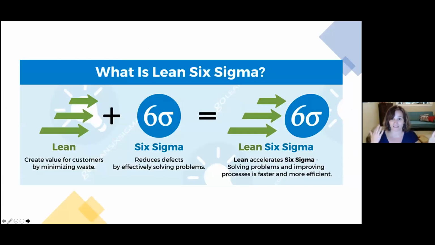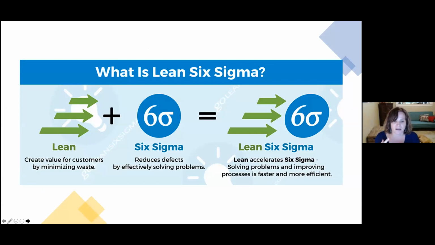So Lean and Six Sigma. It's a lot of overlap. It's kind of confusing because sometimes it sounds like they're talking about the same thing, just using different words. So, an easy way to think about it is Lean is about creating value by minimizing waste. How can we get rid of any unnecessary or wasteful steps in our process?